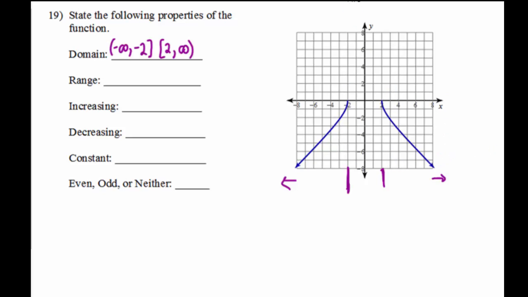Okay. Then my range is my y value. So what I want to see is what is the top of my graph, where is that at, and where is the bottom of my graph? The very top number of my graph is 0 for y. The bottom of my graph, well, it keeps going down forever. So the bottom of my graph is negative infinity. So I write the most negative number first, so negative infinity, comma 0, and it's a bracket because we actually touch here at 0.